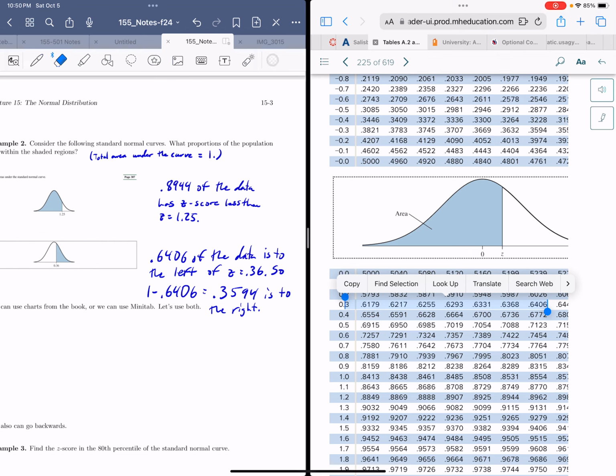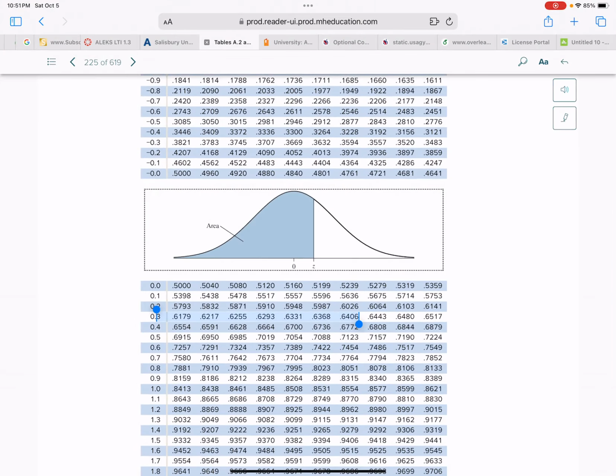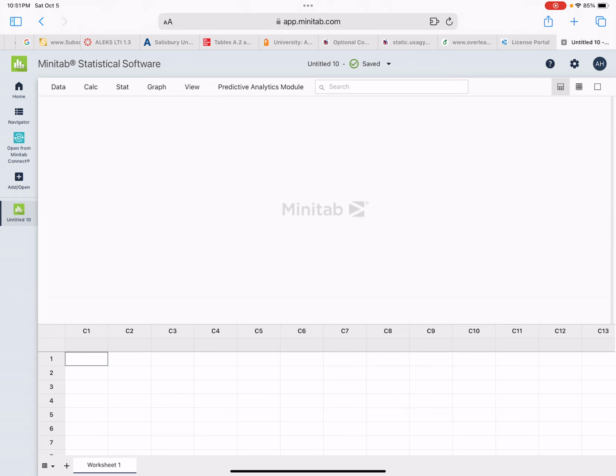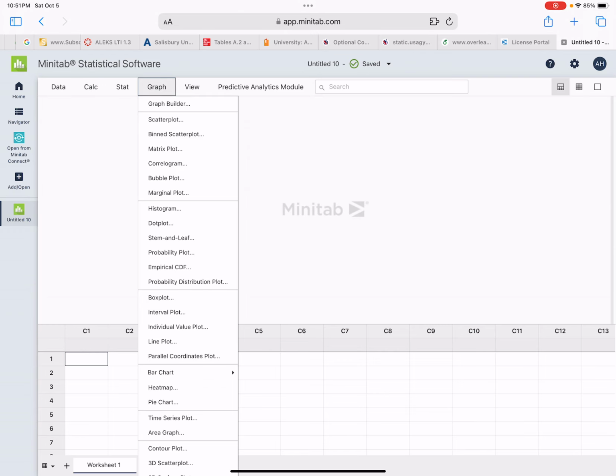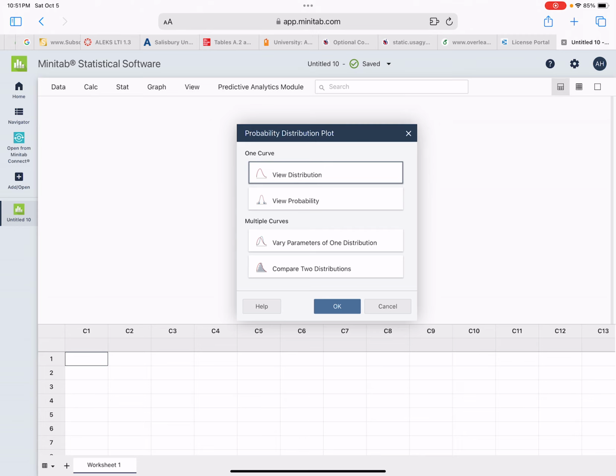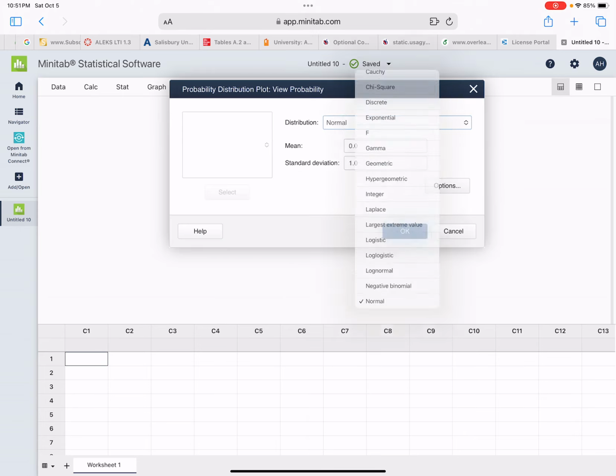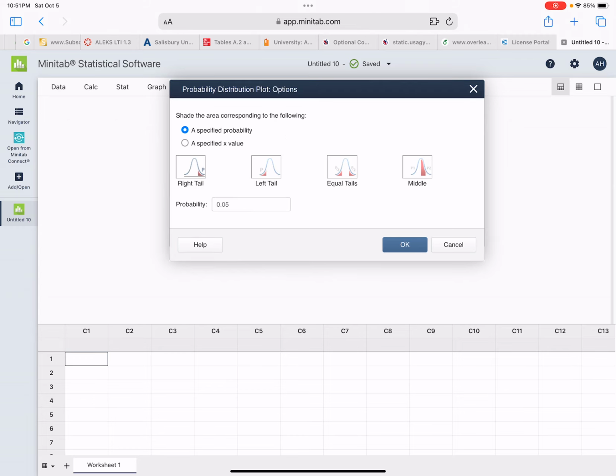Now I'm going to use Minitab. Let's try to remember our numbers here. Let's go to Minitab, open it up, and we are going to go to Graph, Probability Distribution Plot, View Probability. Make sure the distribution is set at normal. We're going to keep the mean at 0, standard deviation at 1, and we're going to go to Options.